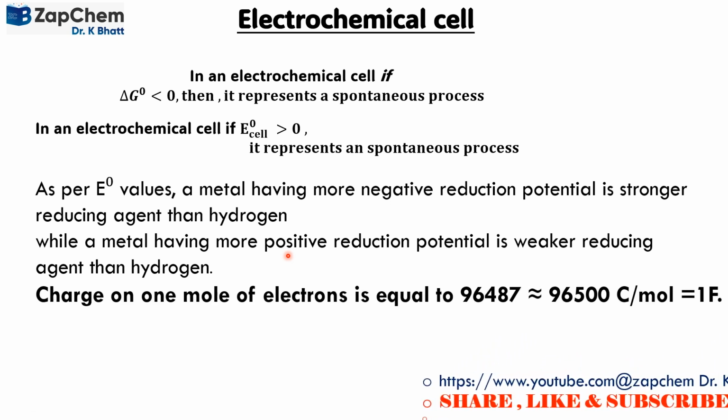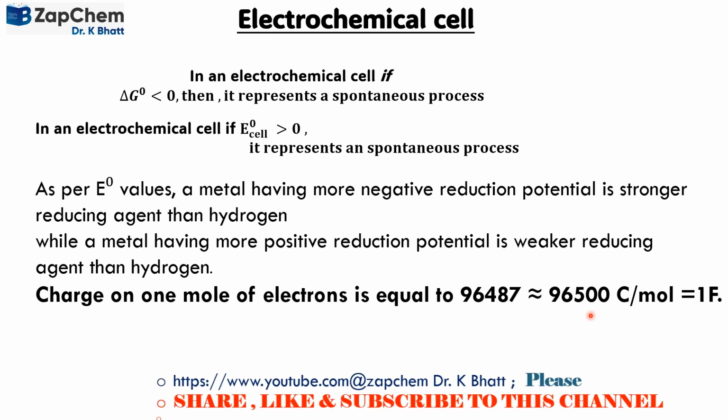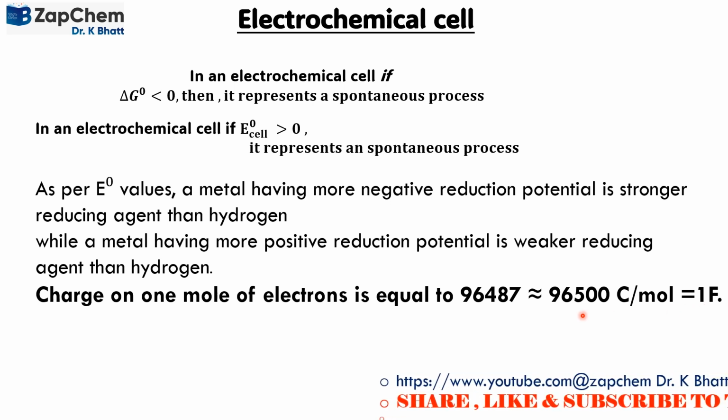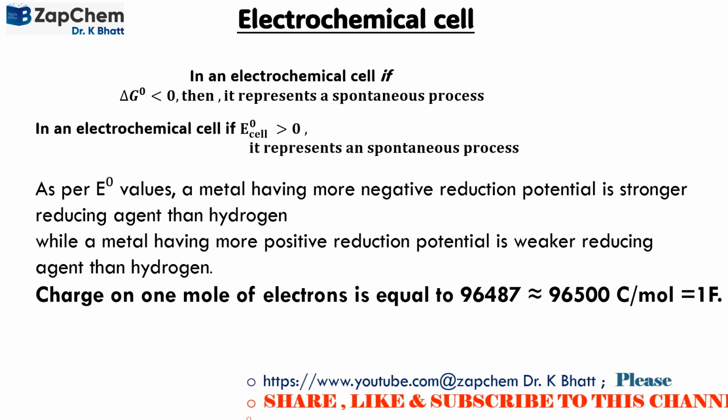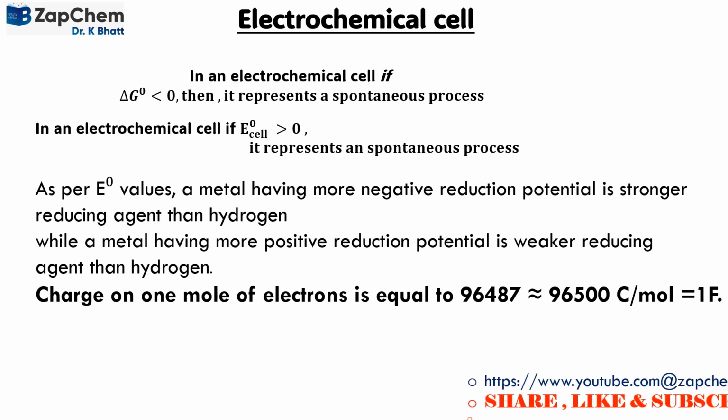Very important. The charge on 1 mole of electrons is equal to 96,500 coulombs per mole, that is equal to 1 Faraday. And this, as we know, depends on Faraday's laws of electrolysis, the first law as well as the second law.